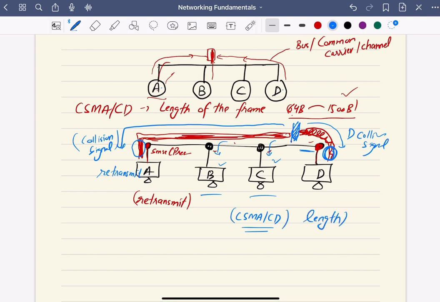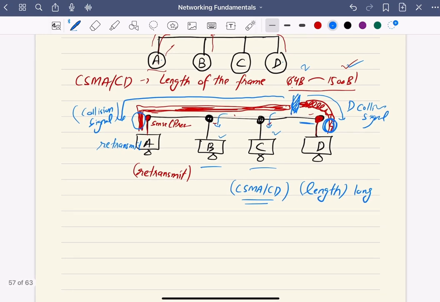The frame length should be long enough, at least what we have decided, 64 to 1500 bytes. So what should happen if there is a collision? The stations can detect the collision, and not only detect it, but once we detect it, we can retransmit, because there is no acknowledgement mechanism, as we have already talked about.